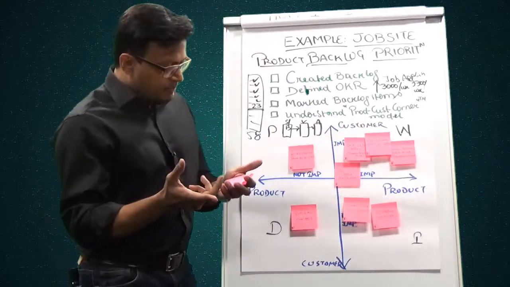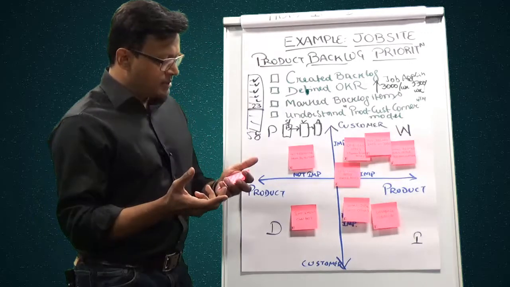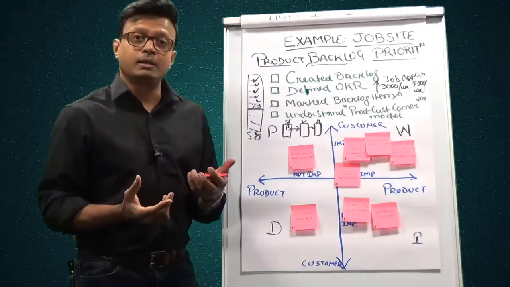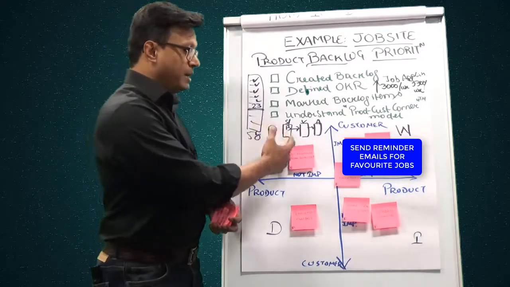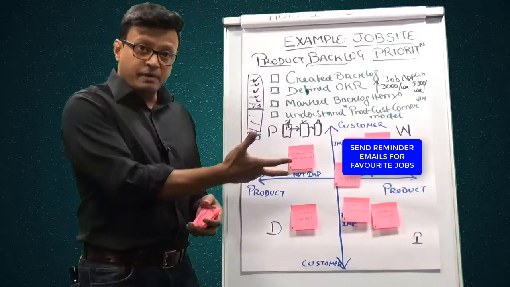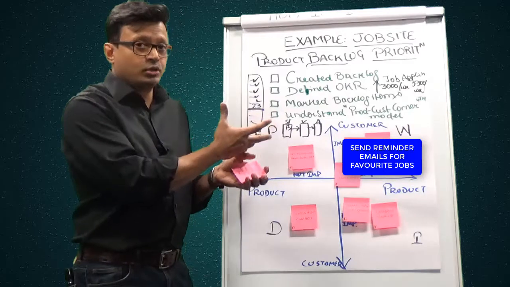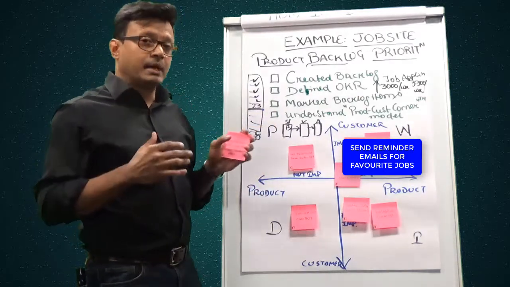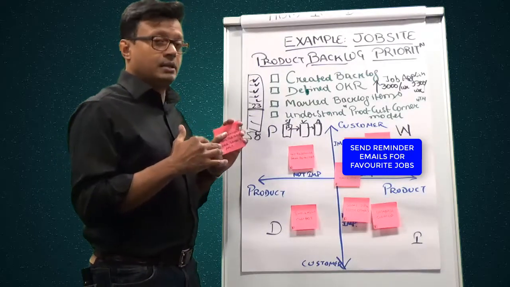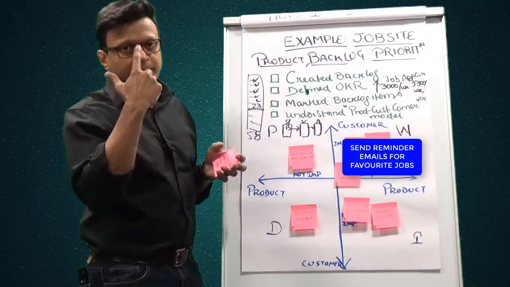The next item says, if we send reminder emails for the jobs that the customers have marked as favorite, and it is there in their favorite zone or the shortlist zone, but they forget to go ahead and apply. Sometimes maybe they thought that it's a good job, but they forgot to apply.